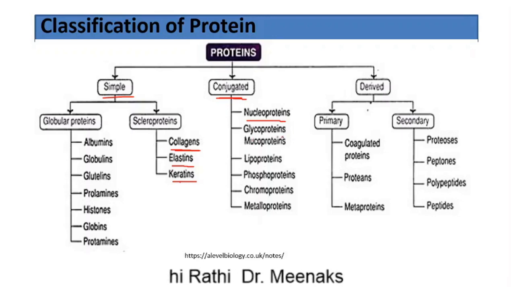While glycoproteins, which are also called mucoproteins, have carbohydrate as the prosthetic group. An example is mucin, which is present in saliva, and these are also present in egg white. Lipoprotein, as per the name, has lipids as its prosthetic group, and these are mostly present in the cell membrane.